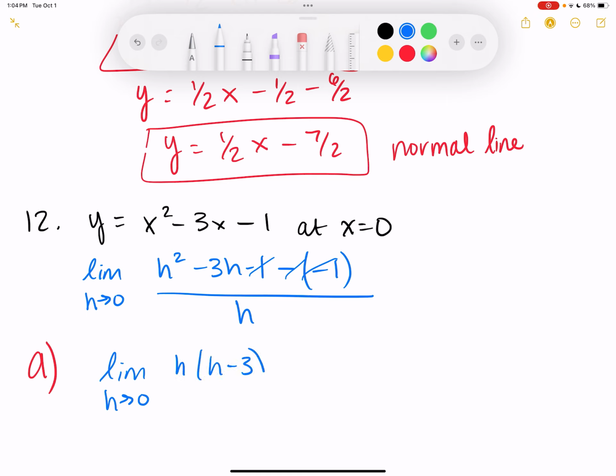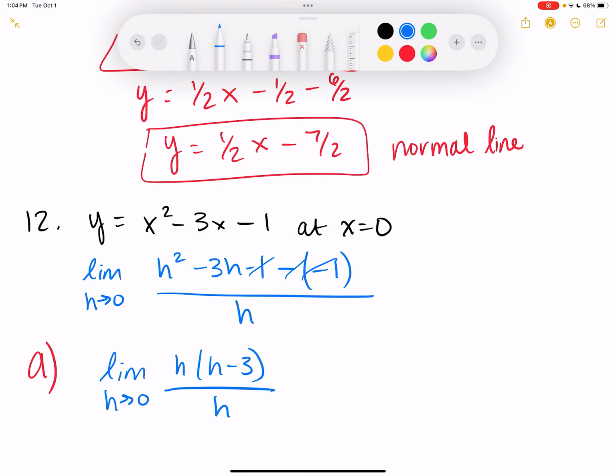Make sure we're tracking before I keep going, because I just did a lot in one step. I cross out the negative and the positive 1, and then I factor out an h. Wait, you mean the negative and the negative one? Yeah. So h is canceled.